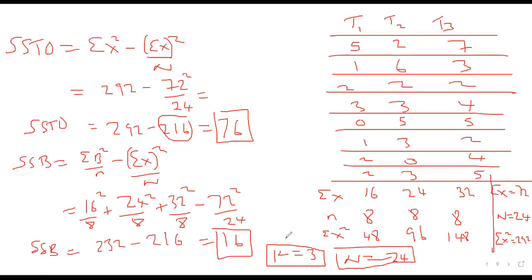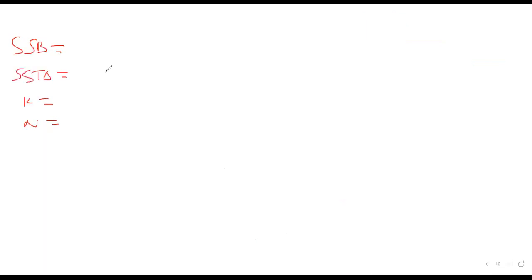So the sum of squares between is 16, then total is 76.